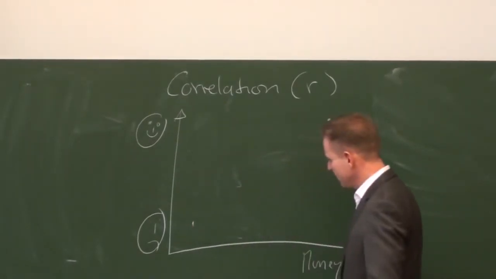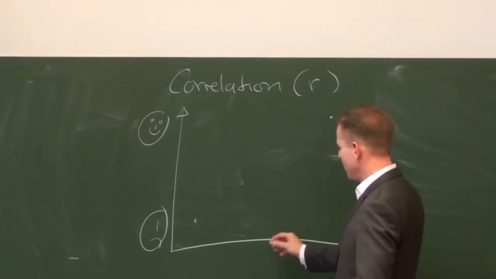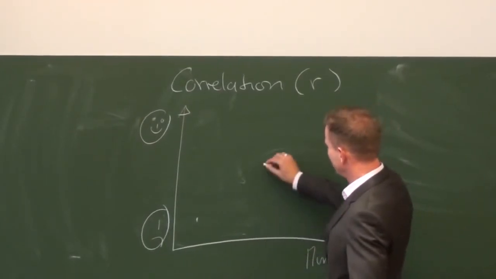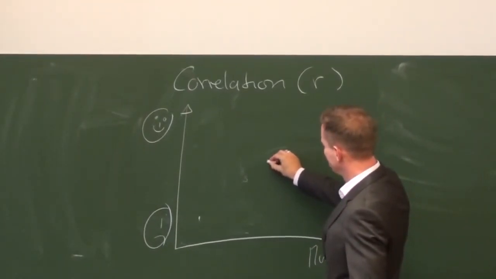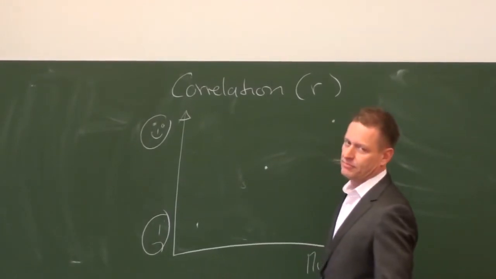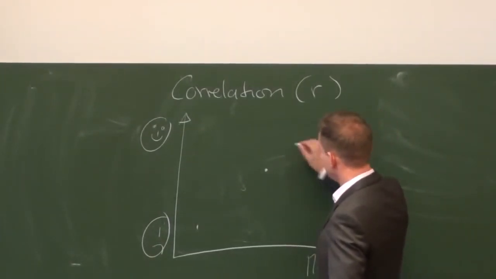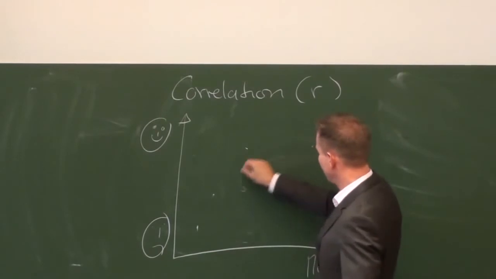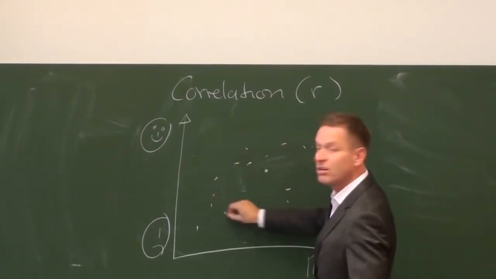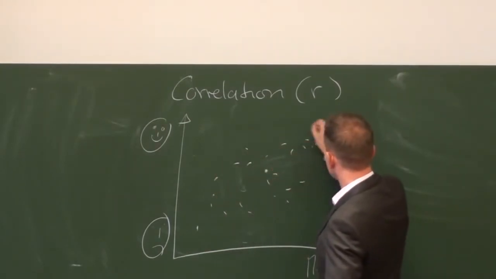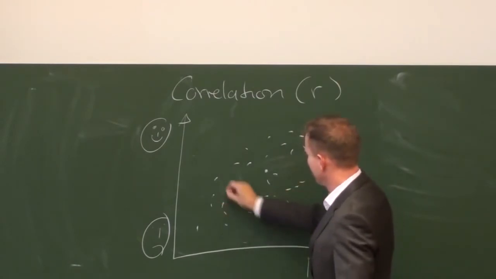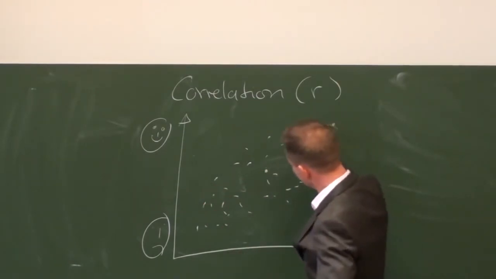We have another person somewhere in the middle, and also somewhat happy. We do this 50 times, and we get a cloud of dots like this. All right? Let's just assume this.